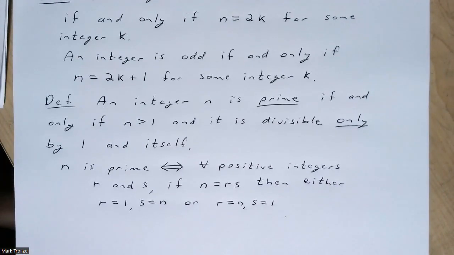So n is prime if and only if for all positive integers R and S, if you have this relationship n equals R times S, the only way that can happen is if R is 1 and S is n, or R is n and S is 1. Again, this is another way of saying the number is prime.